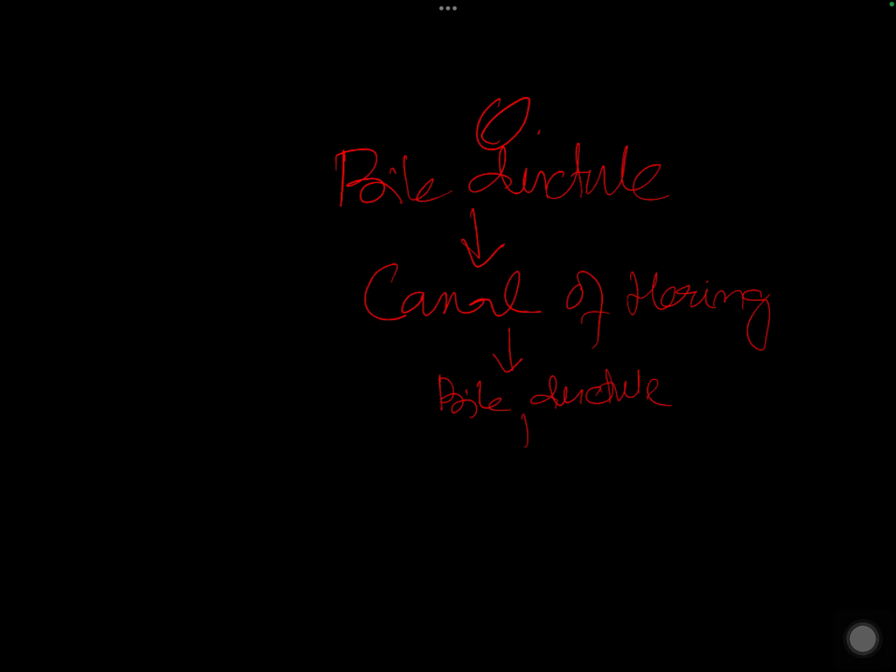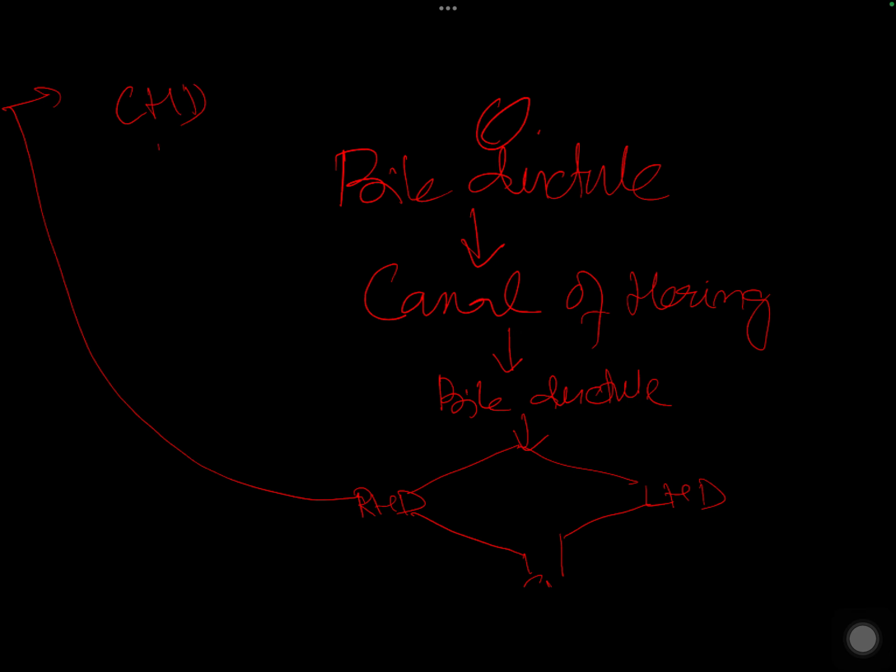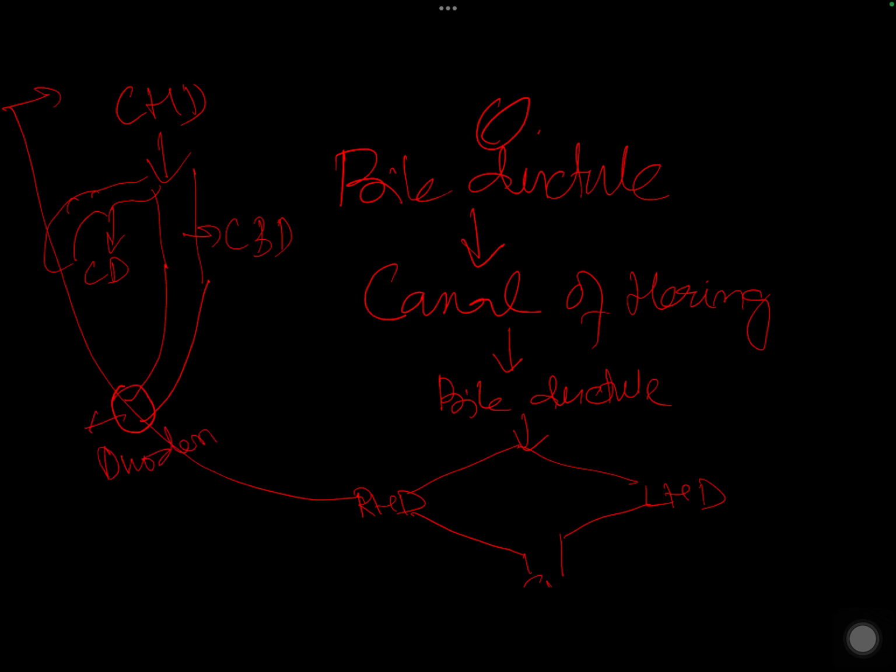Then these bile ductules fuse together to form the right hepatic duct and left hepatic duct. These two fuse to form a common hepatic duct. Then we have the cystic duct from the gallbladder. Then it fuses to form the common bile duct. Then the common bile duct opens into the duodenum via the hepatopancreatic ampulla or ampulla of Vater.